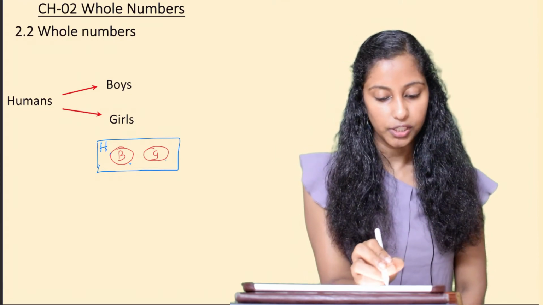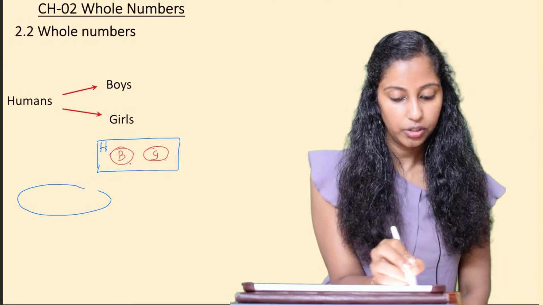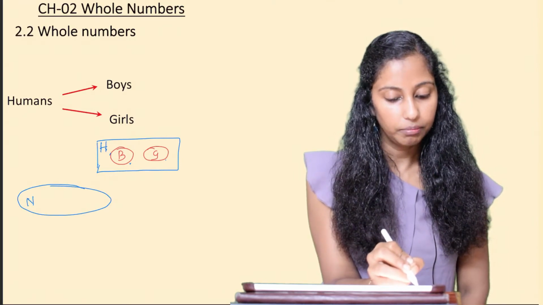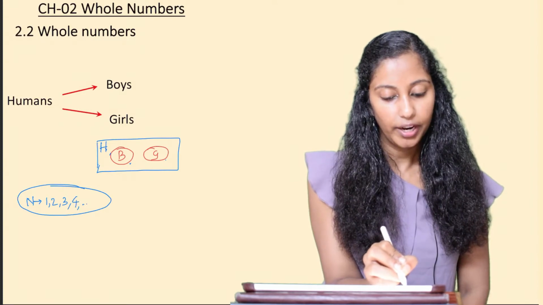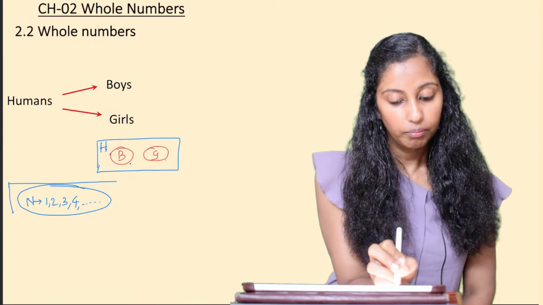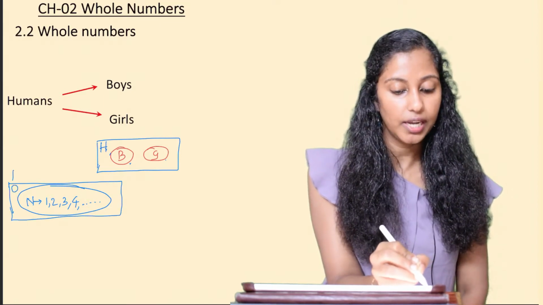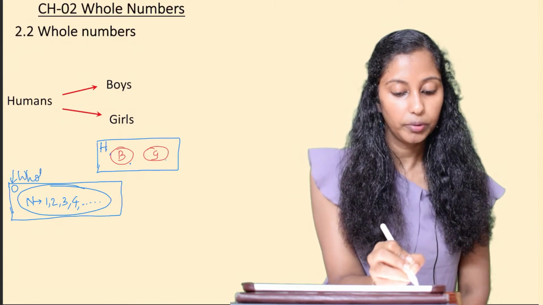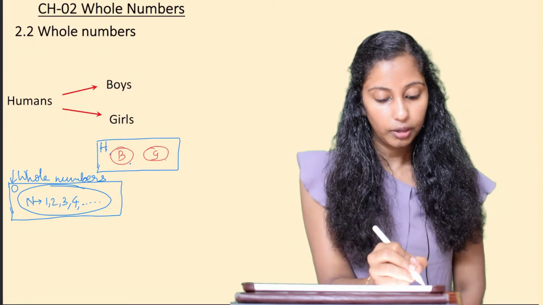Similarly, we are going to see for natural and whole numbers. So here, natural numbers are 1, 2, 3, 4 and so on. And whole numbers will be with these natural numbers. When 0 is added, this whole group is called whole numbers. So what are whole numbers?